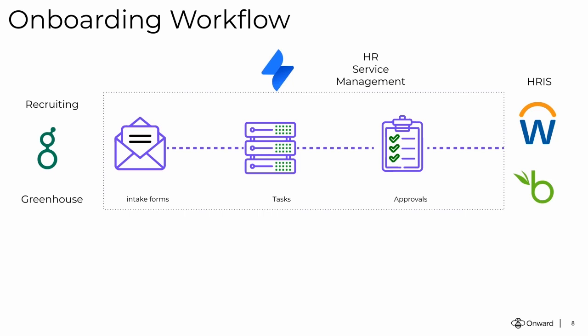In the middle is the system of engagement, which is any information required for, let's say, for example, IT survey or equipment preference, like reaching out to the candidate and having them fill out a form on their laptop preference, any other infrastructure they need for their day-to-day work productivity.